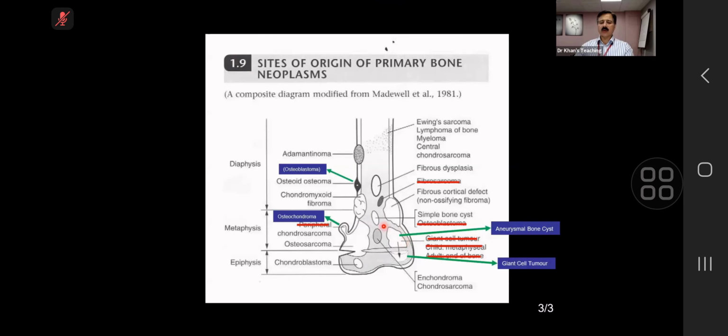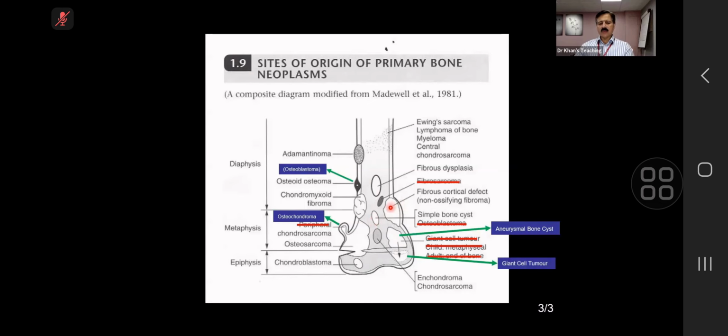And something which is indirectly placed in this diagram, that the simple bone cyst is central and an aneurysmal bone cyst is eccentric. This is metaphyseal usually. Simple bone cyst is metaphyseal, but there is a concept of migration, which I'll come back to.